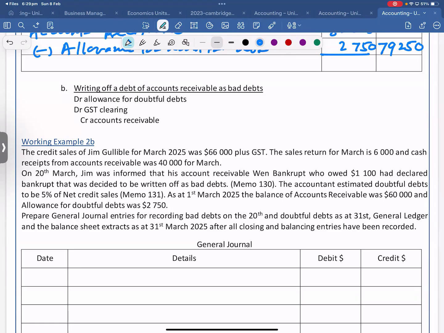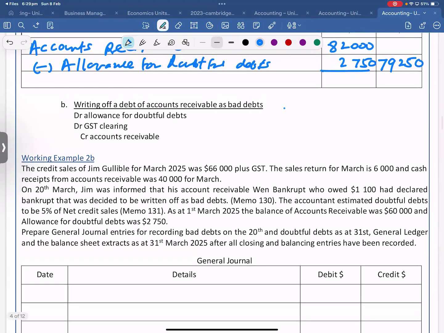66,000 plus GST. Yeah, 66,000 plus GST. Then sales return is 6,000. So how much is the net credit sales, guys? Sorry, 60,000.